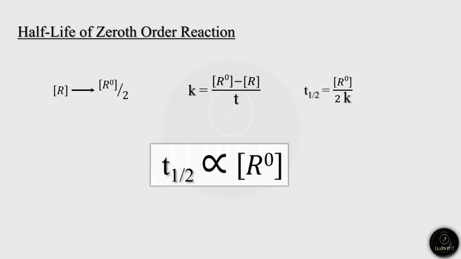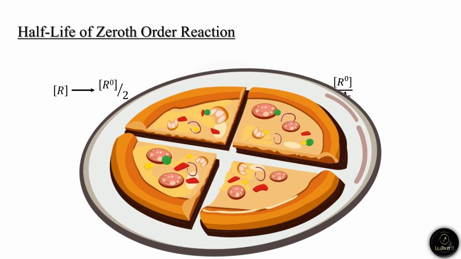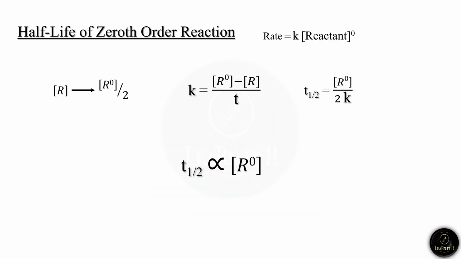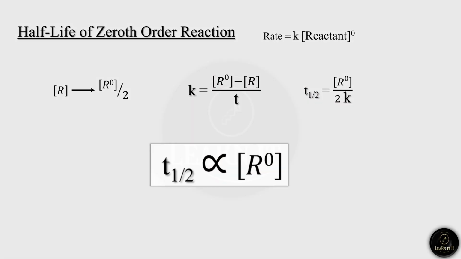For a general example, we can say a person eats a pizza at a constant speed, no matter the size of the pizza given to him. It means the speed of eating that pizza is independent of the size of that pizza. Consider a situation where a person is given a small pizza.